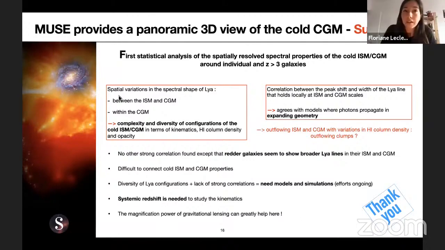So the UV scale length is fitted on the HST image, without Lyman alpha. We fix this scale length, and then we use our two-component model where the scale length of the first component is fixed to this HST UV image. And this is what we call our core or ISM component.